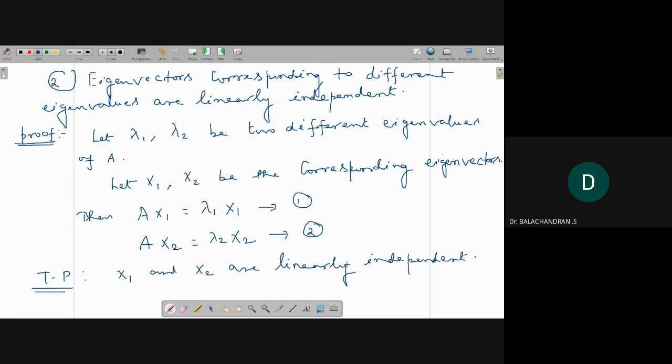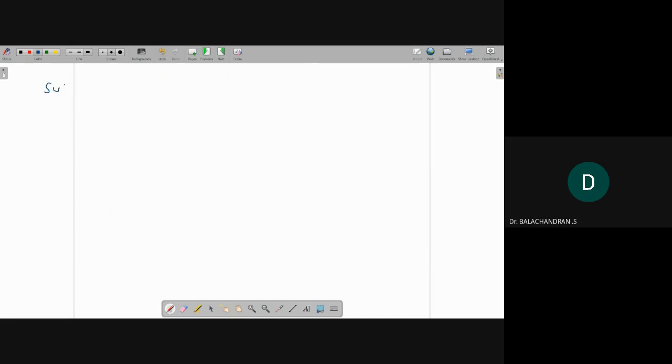For this I am going to first assume, suppose alpha 1 x1 plus alpha 2 x2 is equal to 0. I need to prove alpha 1 equal to alpha 2 equal to 0. Then only x1 and x2 are linearly independent.